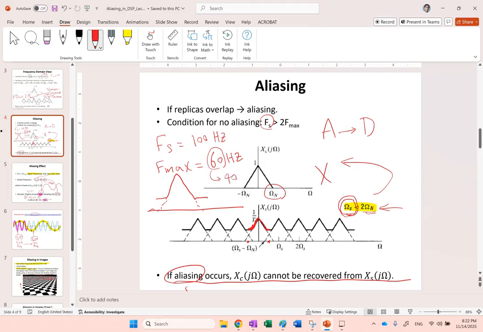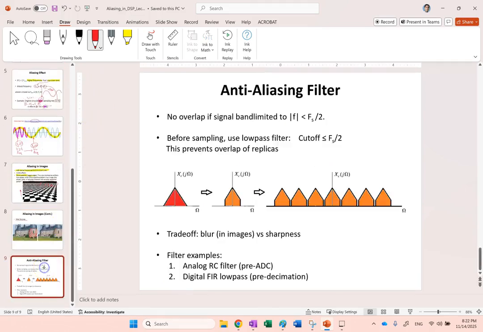So one way you can handle it, if you cannot change the omega S, is to change the omega N. And that is the basis of the anti-aliasing filter, which is a low-pass filter. So what would you do? You trim your signal before sampling it. How would you trim the frequency content of the signal? Use a low-pass filter. And when I say low-pass here, I'm talking about the right side only.